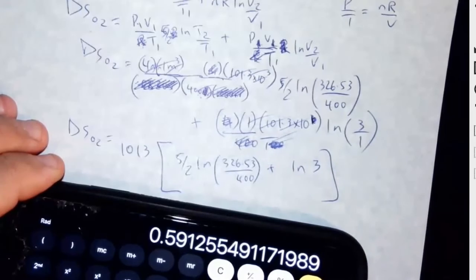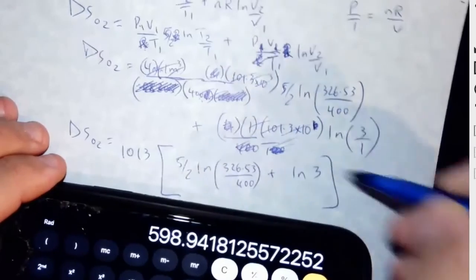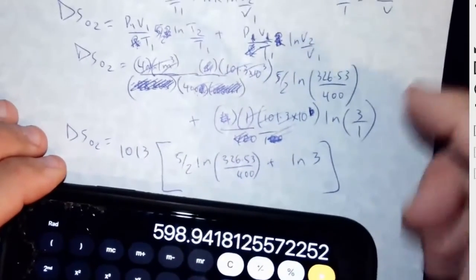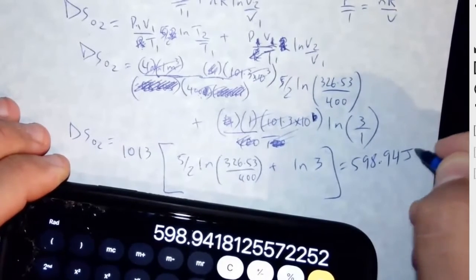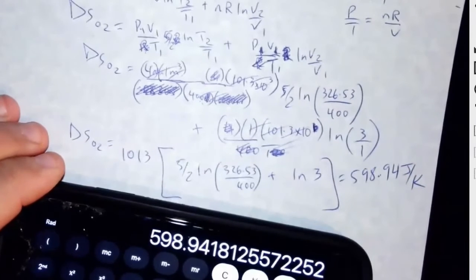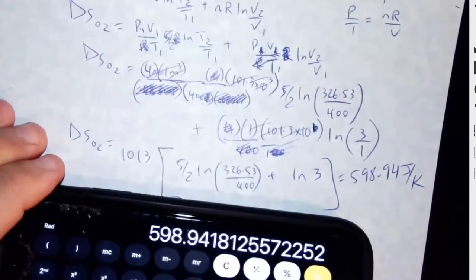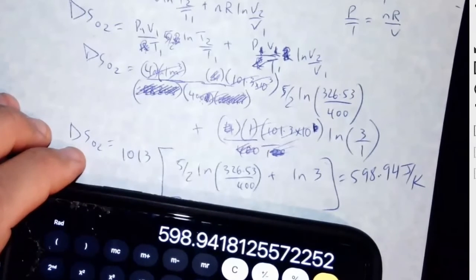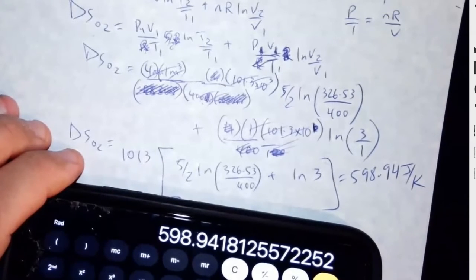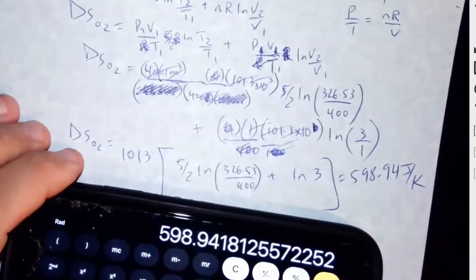Wow. Interesting problem. Joules per Kelvin. The entropy of the oxygen is still positive. I would have been okay if the oxygen lost entropy because the helium would have gained it more eventually, you know. But it did end up being positive.